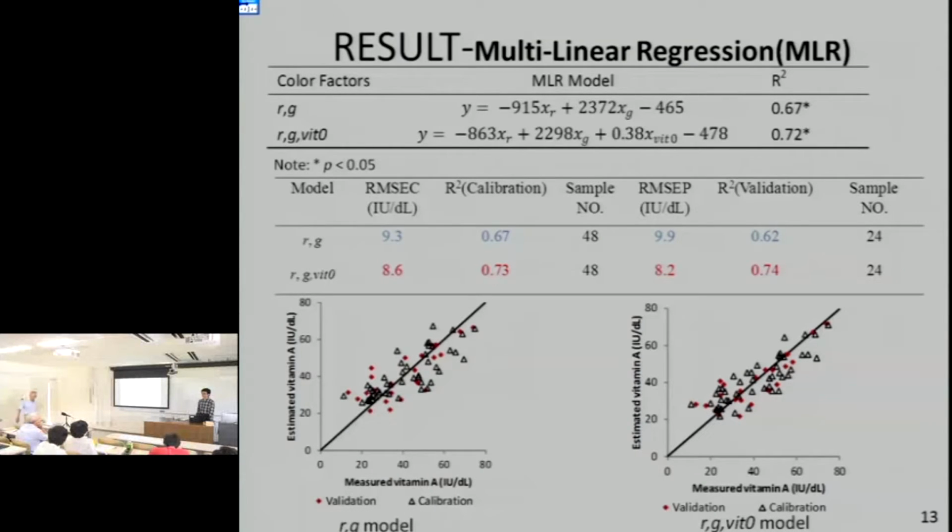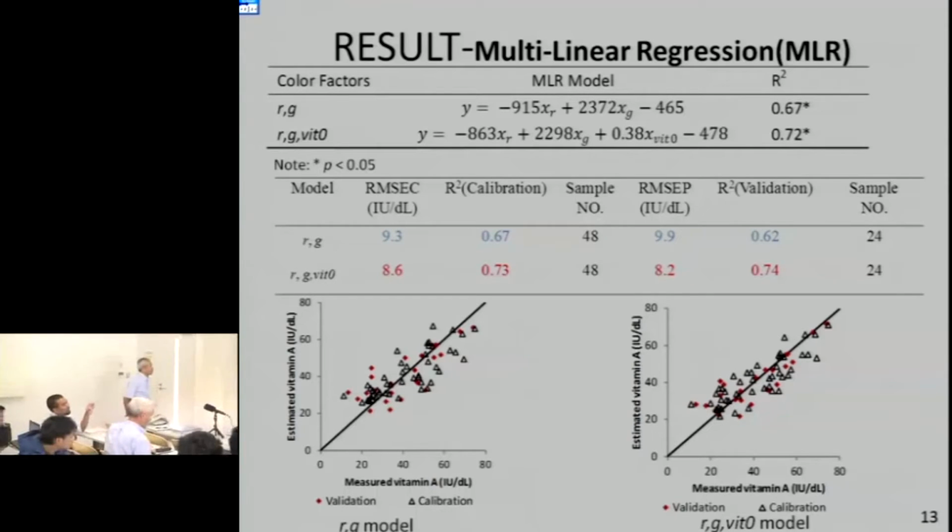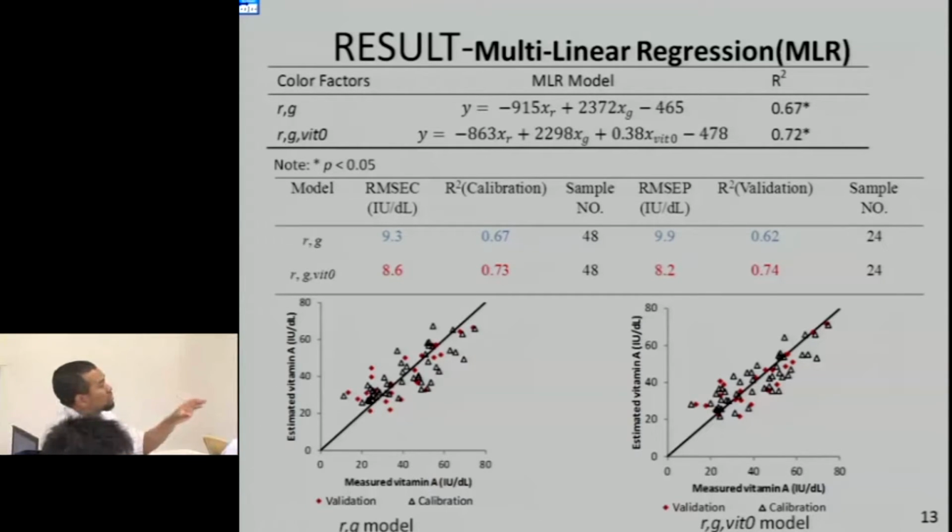Any other? Okay. Before, you mentioned some candidates of variables, such as R, G, B, and also S, I. How did you select these? Only use R and G?